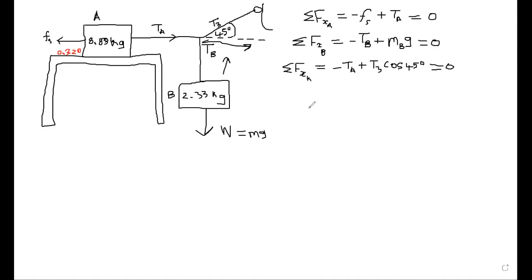Right, now let's write the other component, the y component. Sum of the forces in the y direction for the knot is equal to, excuse me, we said this is positive, we're going to let that be negative.